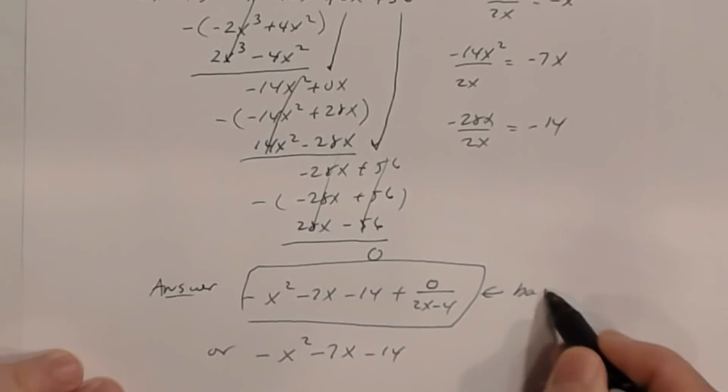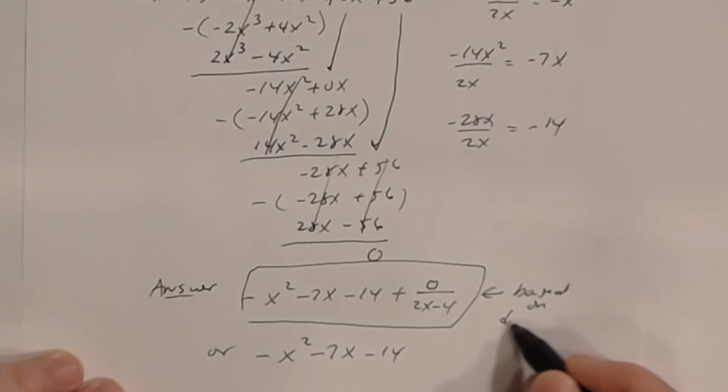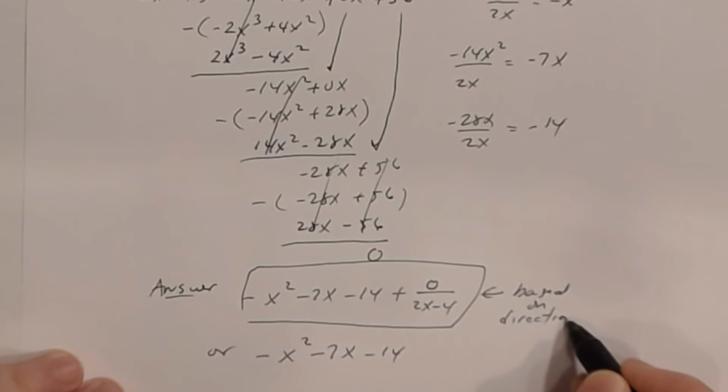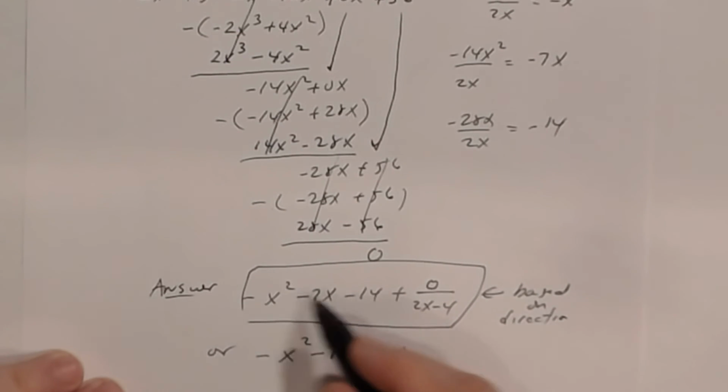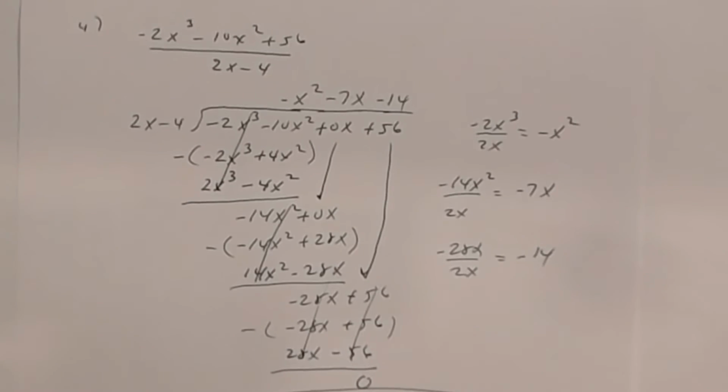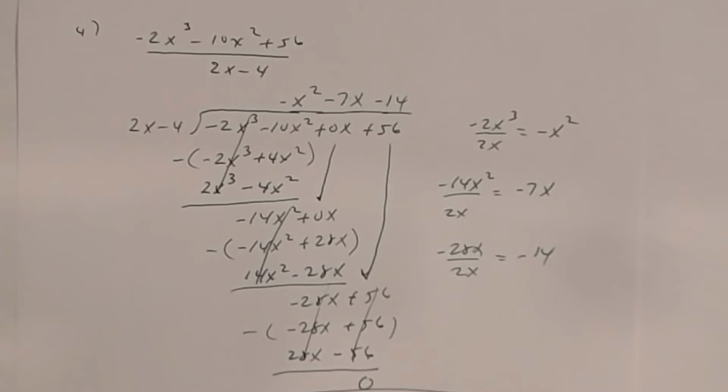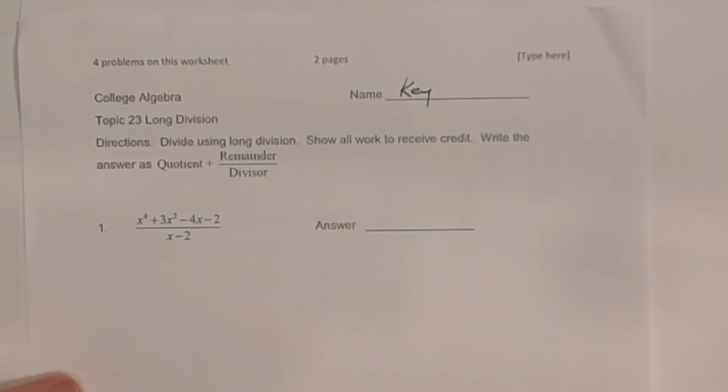So based on directions. All right, but since the remainder is 0, 0 divided by 2x minus 4 is 0, and 0 plus the quotient is just the quotient. Okay? All right, so that was the key to this worksheet on dividing polynomials using long division.